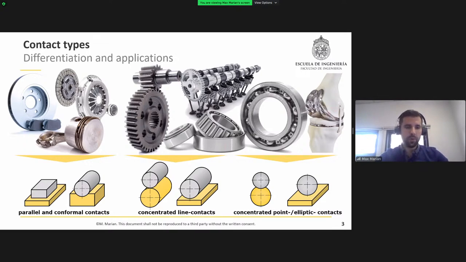Within all these applications, we can basically break down the essential contact types or geometries into parallel and conformal contacts on the one hand, and on the other hand concentrated contacts, which we can distinguish into line contacts and point or elliptical contacts.